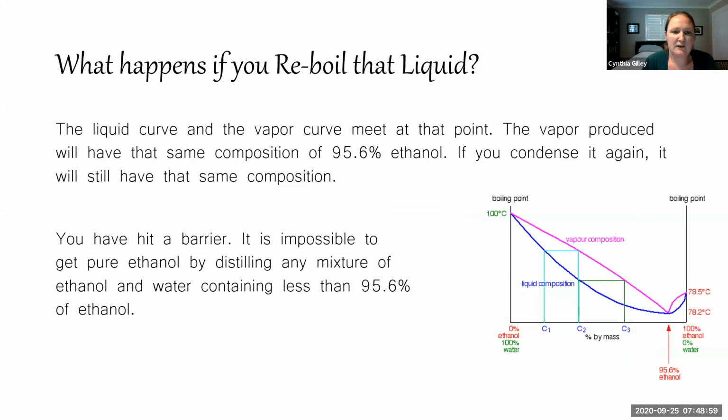So the liquid curve and the vapor curve meet at the same point. The vapor produced above that liquid when you boil it will have the same composition of 95.6% ethanol. If you condense it again, it will have the same composition. You have hit a barrier. It is impossible to get pure ethanol by distilling any mixture of ethanol and water containing less than 95.6% ethanol.